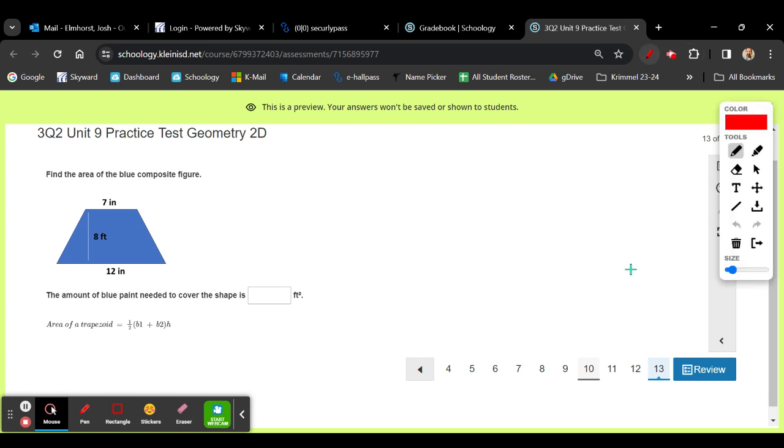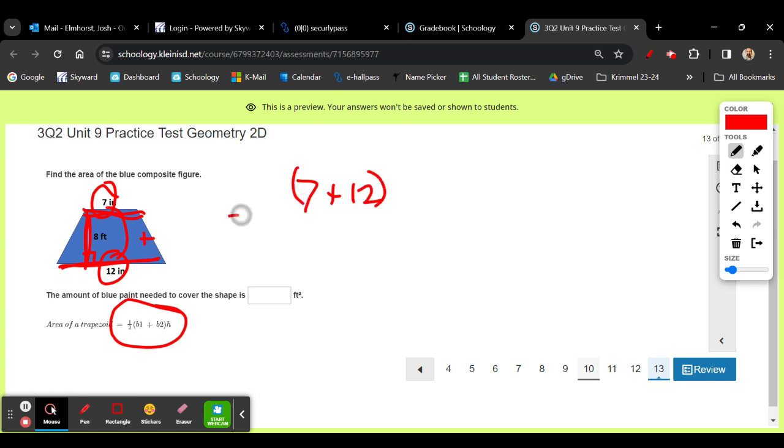And the last one, area of a trapezoid, we're going to add your two parallel sides together for the two base lengths. So 7 plus 12. And using the formula, we're going to take half of that to average it.